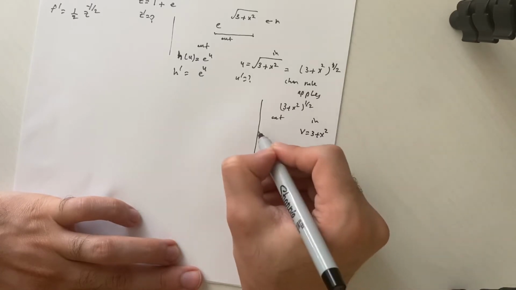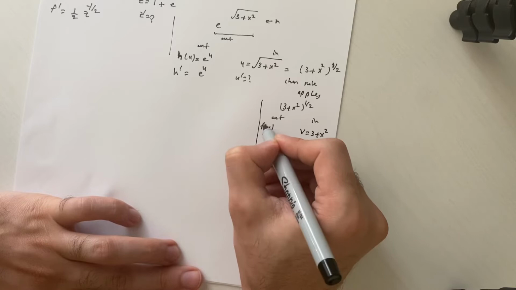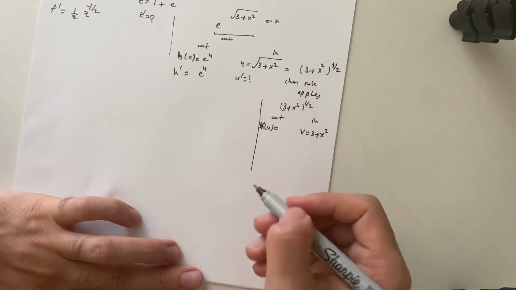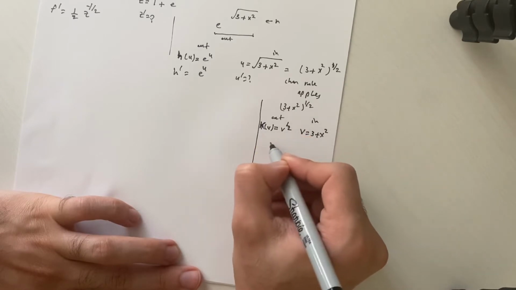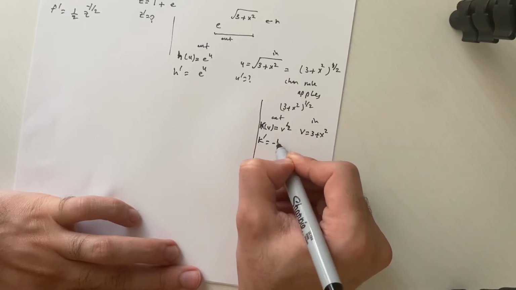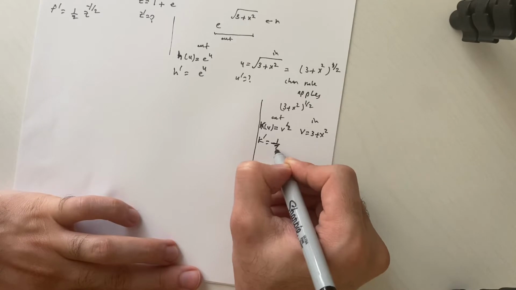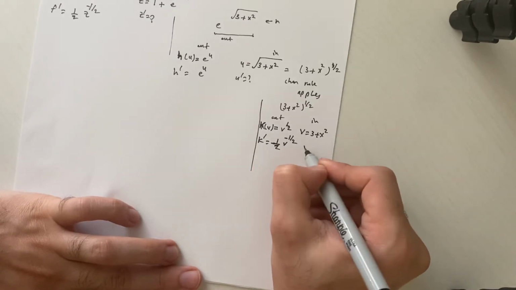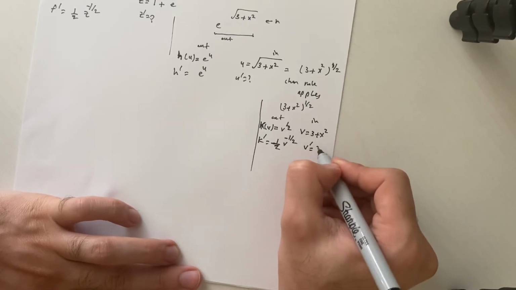So the inside will be assigned to v, and then I want to write the outside function in terms of v. So that's going to be k of v, just v to the half. And then I want to take the derivative of both, that will be k prime and v prime. I'm just using the power rule in here.